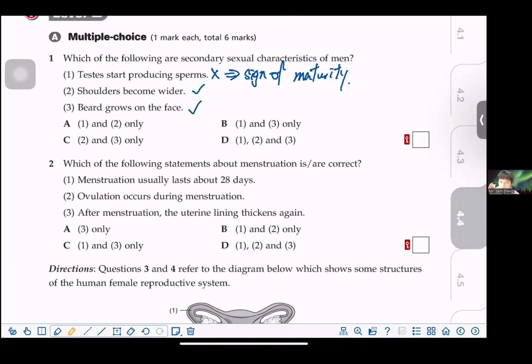The sign of maturity is different from a secondary sexual characteristic. Secondary sexual characteristics are other factors for us to define which gender you are. So in this case, shoulders becoming wider and a beard growing on the face are examples of secondary sexual characteristics.